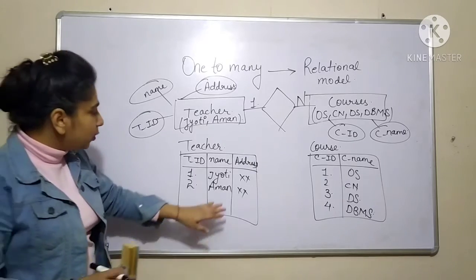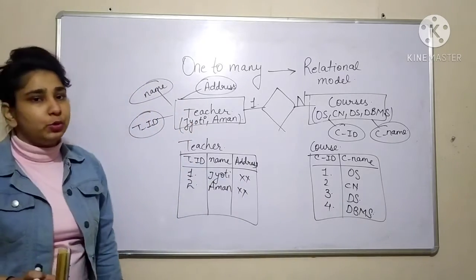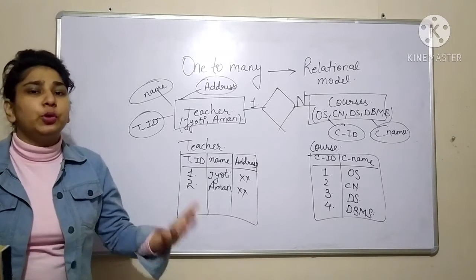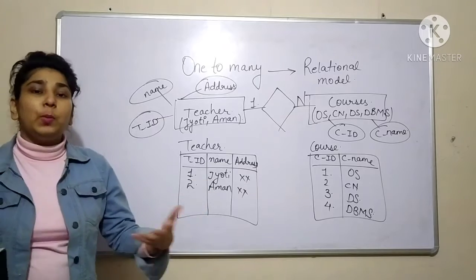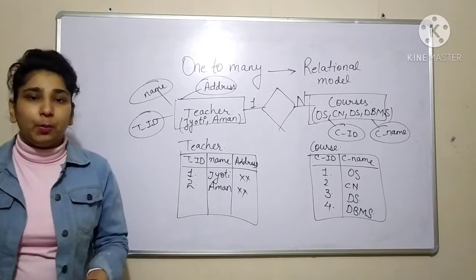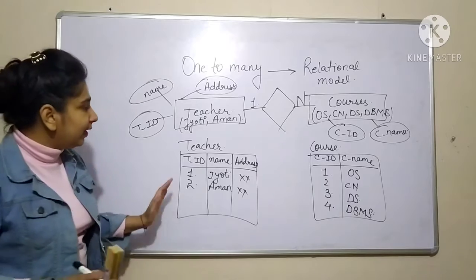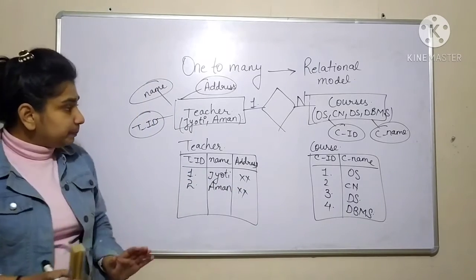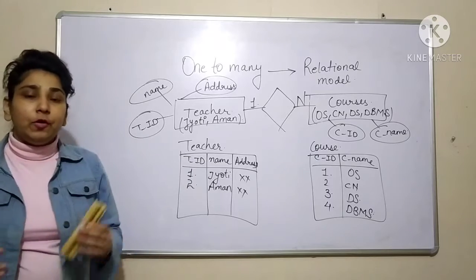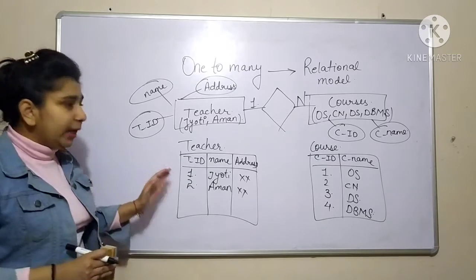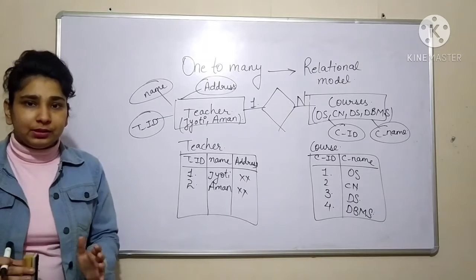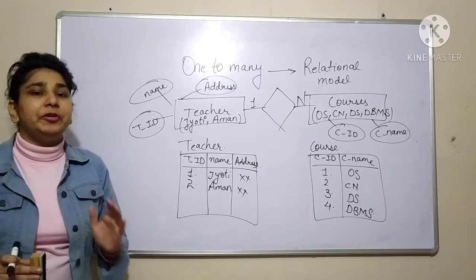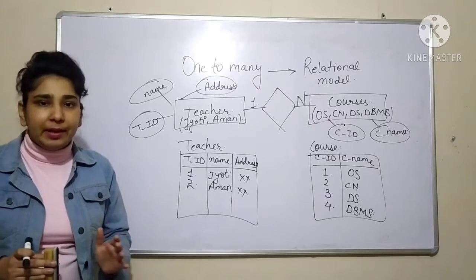Now both these tables are really independent. Till now there is no relationship between these 2 tables. We don't know which teacher is teaching which course, or which course Jyoti is teaching, because we don't have the relationship between these 2 tables. For making the relationship, we need one common attribute, and that common attribute should be the key attribute in one of the tables.